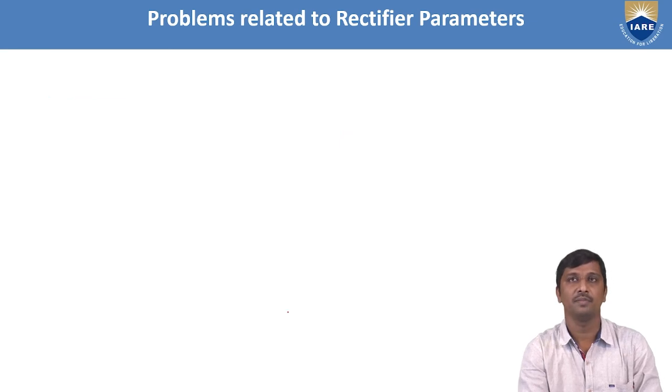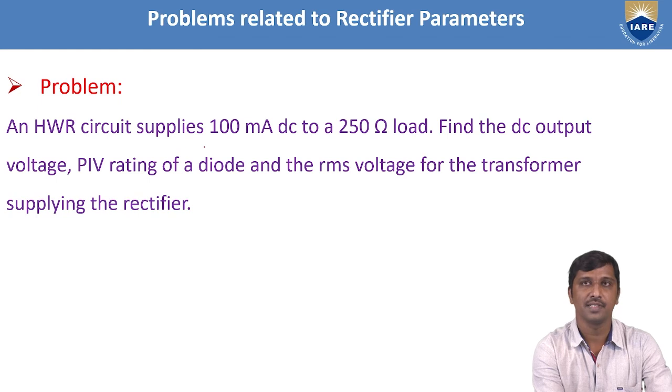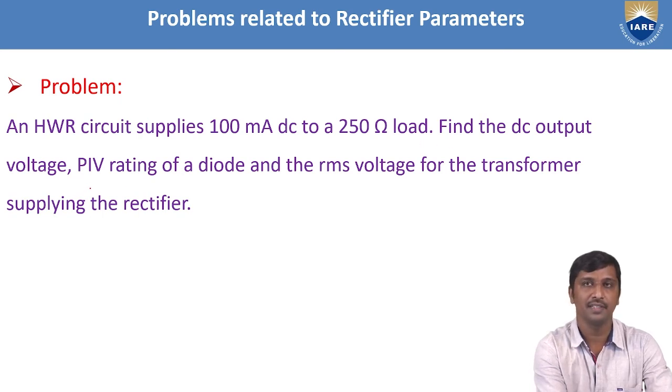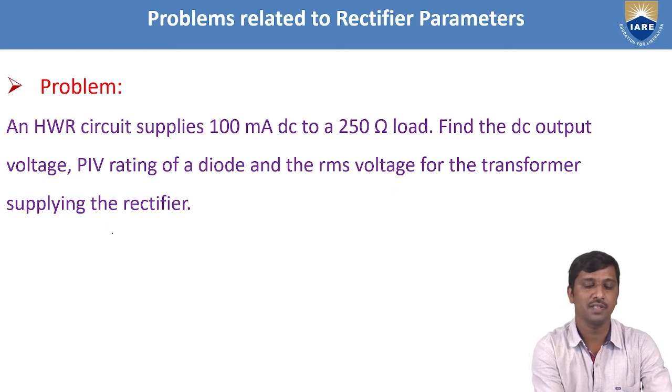Now we'll see another problem. A half-wave rectifier circuit supplies 100 milliamperes DC to a 250 ohms load. Find the DC output voltage, the PIV, the peak inverse voltage rating of a diode, and the RMS voltage for the transformer supplying the rectifier.